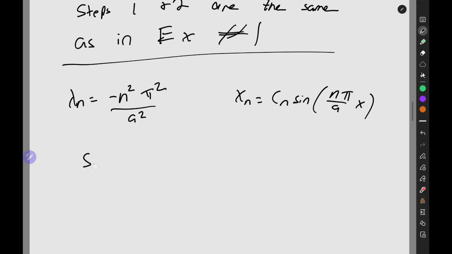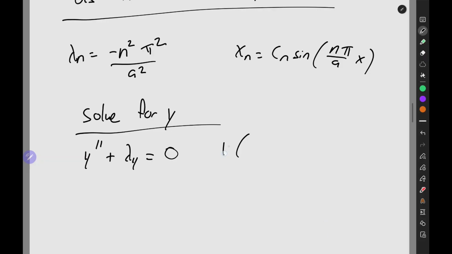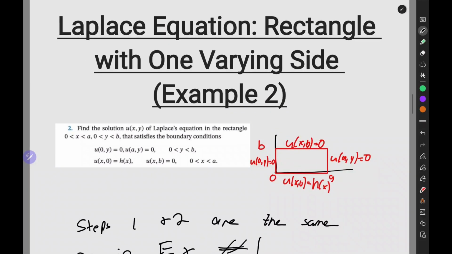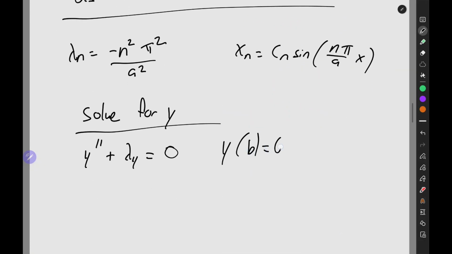Next part would be to solve for y, given the second equation. In this case, we don't have y of 0, we have y of b equals 0. That changes everything. Makes it so much harder.